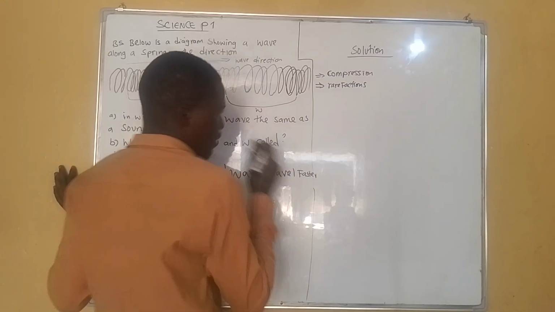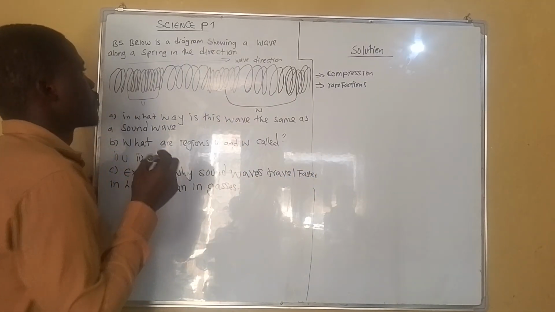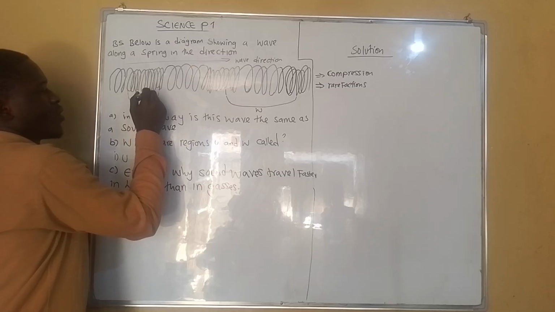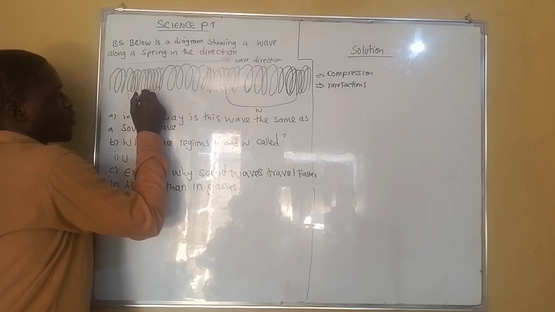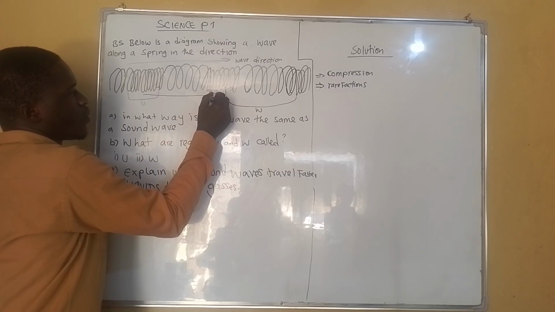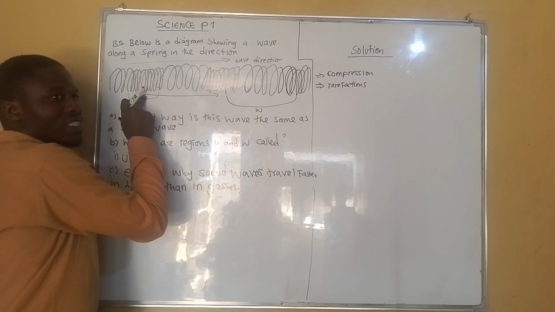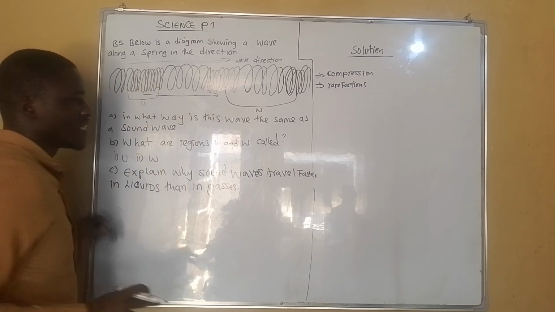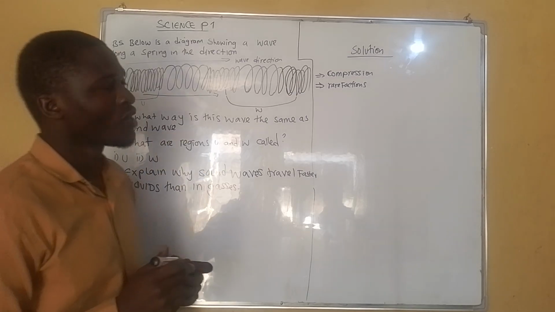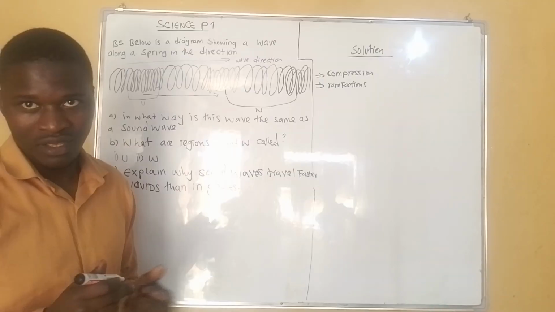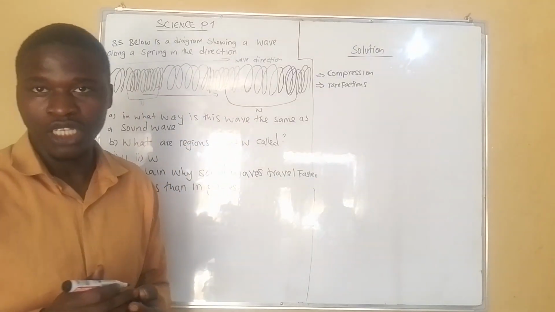The rarefaction. Now, what will be the distance from this point to this point? This closer distance is the compression. So the distance from one compression to another compression is what is known as a wavelength on this type of longitudinal wave.